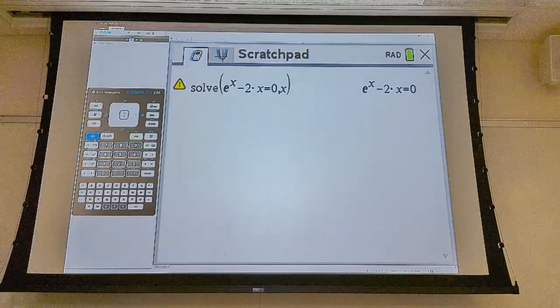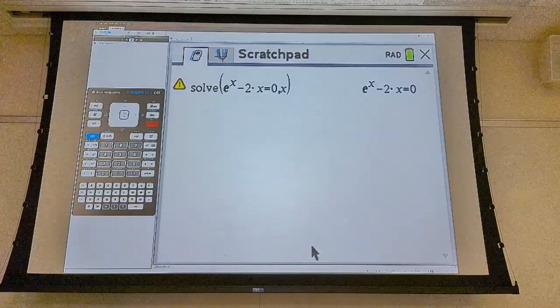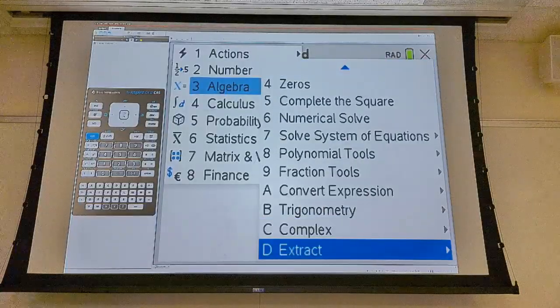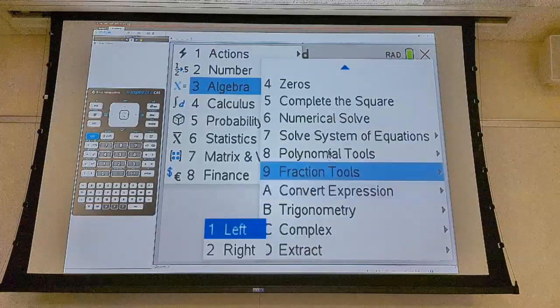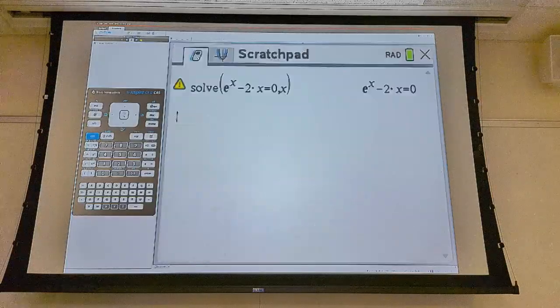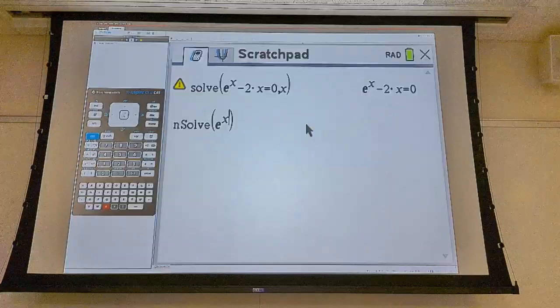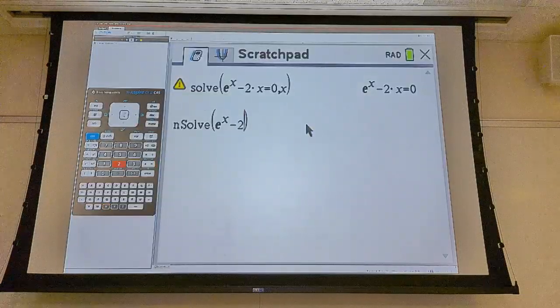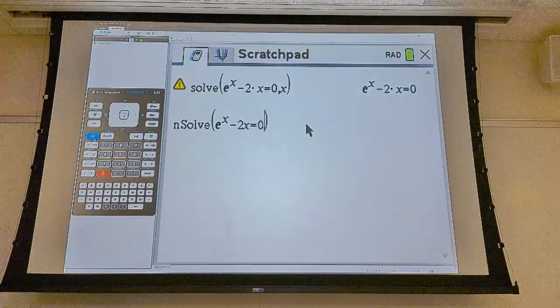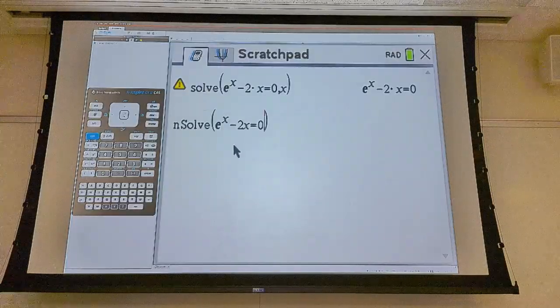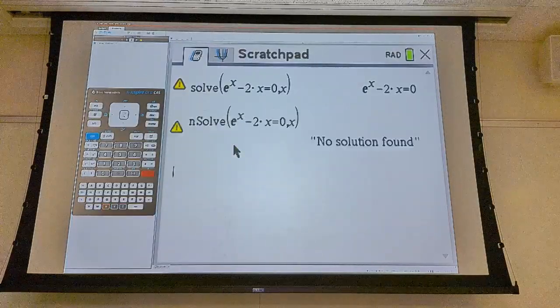We need to do a numerical solve. No solution. I'm going to go with that then.